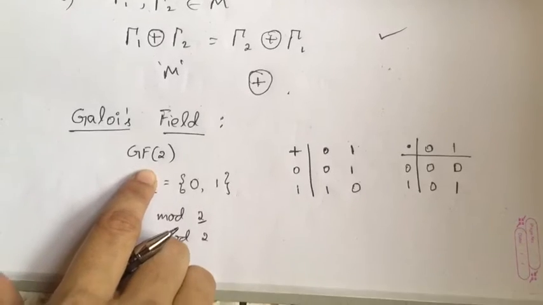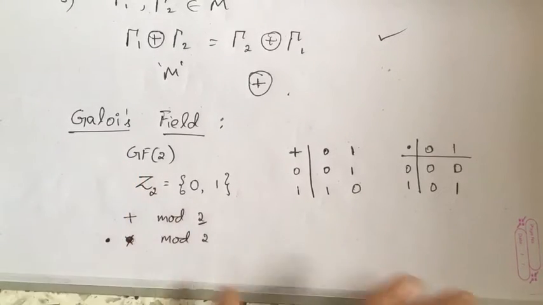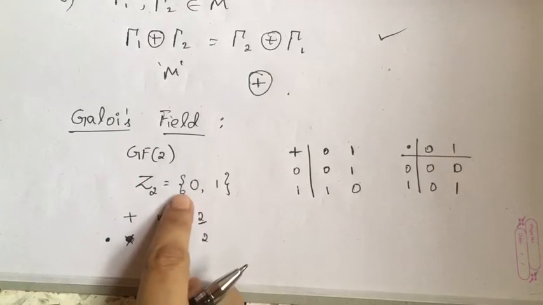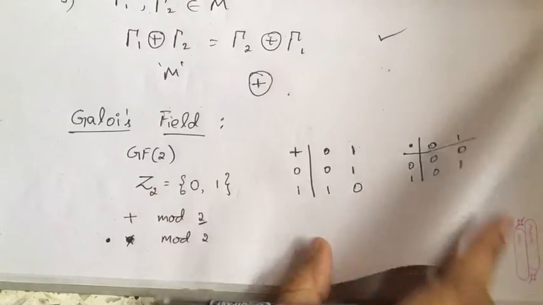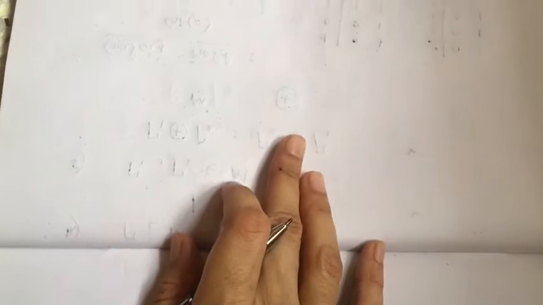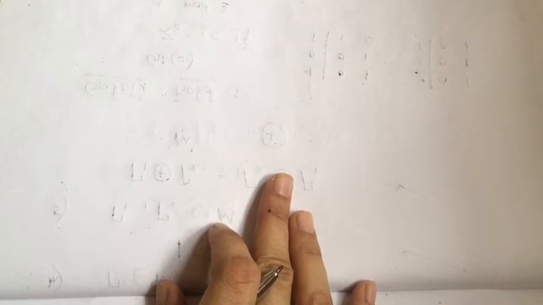We just have to know what is Galois field. It's a set of numbers 0, 1, which forms a field under addition mod 2 and multiplication mod 2. Now, if I have any set Zm which has numbers 0, 1, 2 up to m minus 1, then with respect to addition mod m and multiplication mod m, they form a field if and only if m is a prime number.